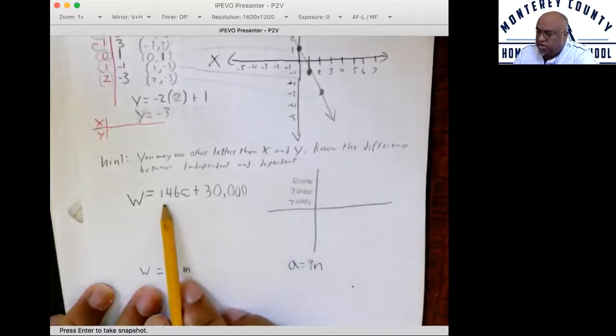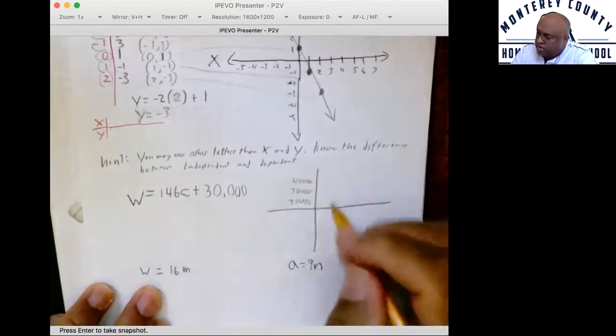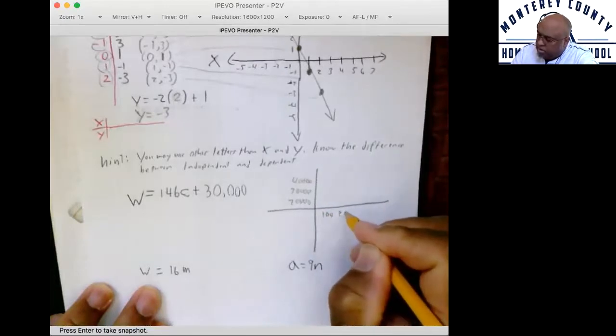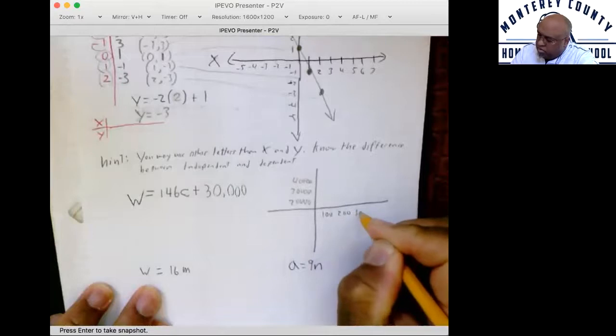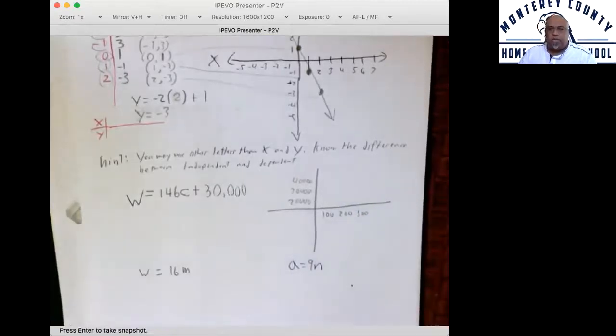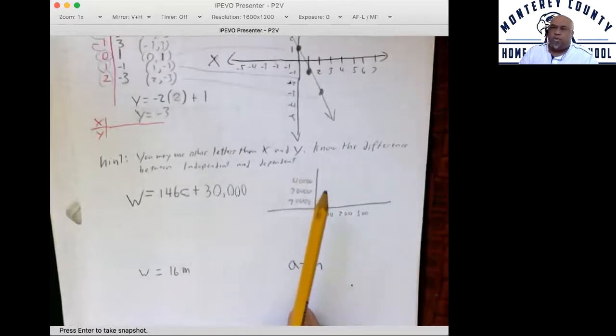So this is 146, the value that we would associate with x. So on this side, you might want to go 100, 200, 300.